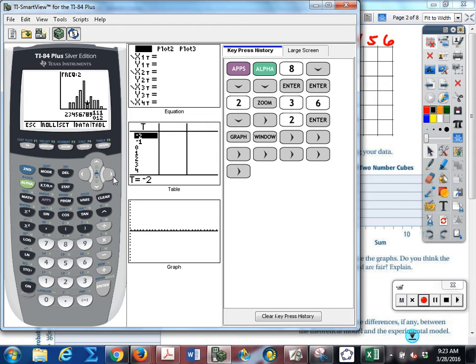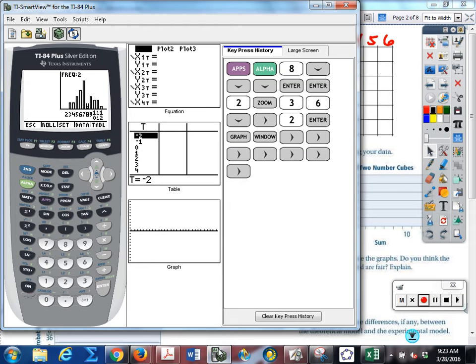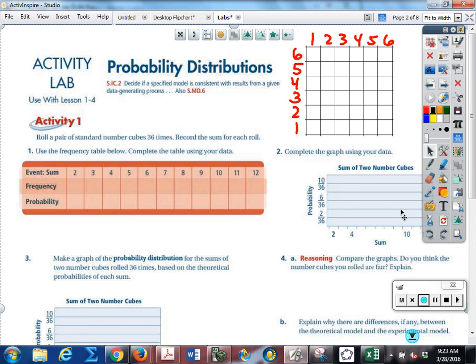So what you need to do from there is whatever your data is, you need to put it in the frequency that it was rolled and then the probability it was rolled. Are we doing the frequency of the 56? Yeah. So like a 3 was rolled for me 2 times. So I'm going to say that the 2 was rolled 0 times.